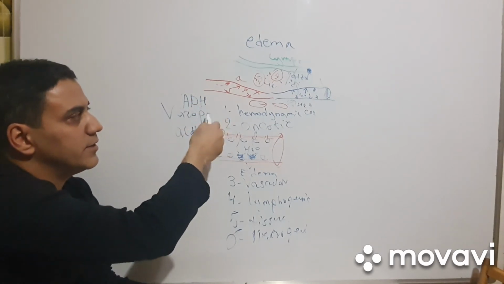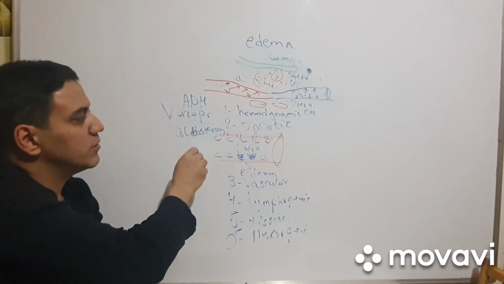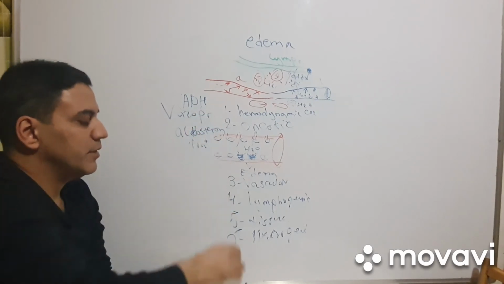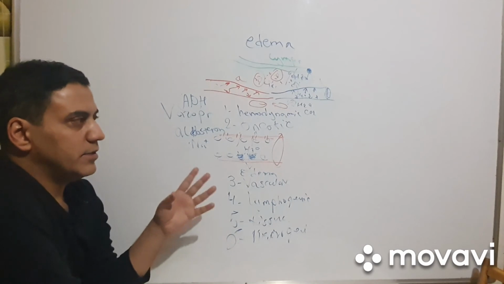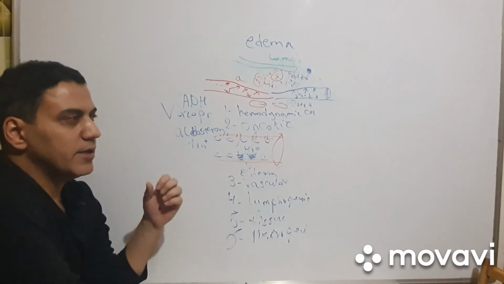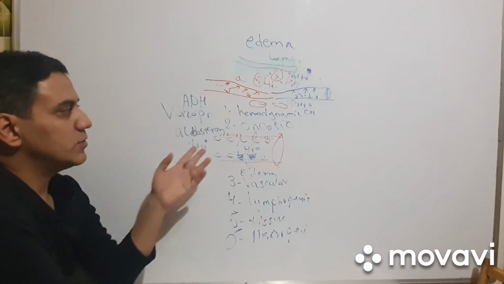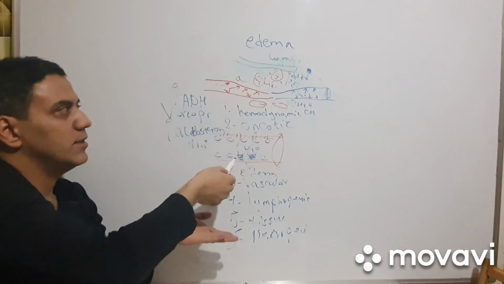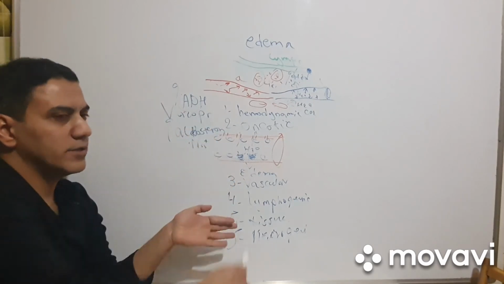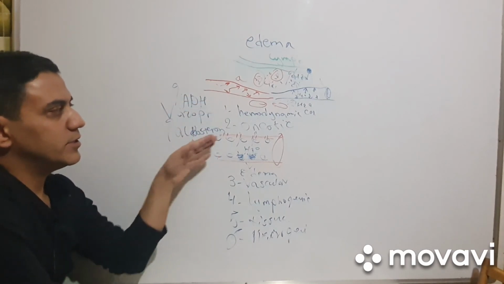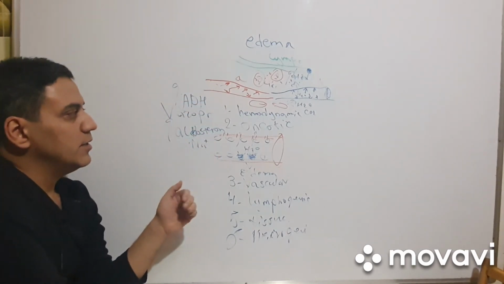Vasopressin retains water, keeps water. Aldosterone keeps sodium in the body. Water, sodium. Any case which leads to a mistake in production of ADH or aldosterone, it means they will be produced in high amounts due to some pituitary diseases, hypothalamus disease, or adrenal diseases.